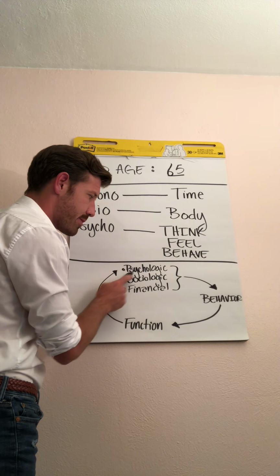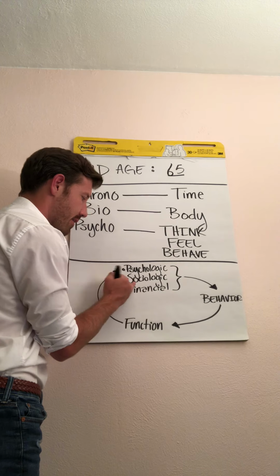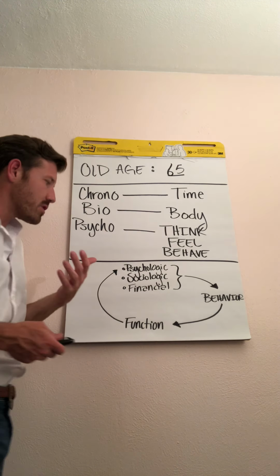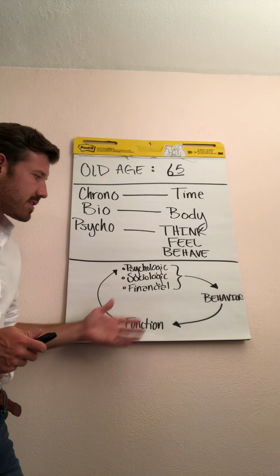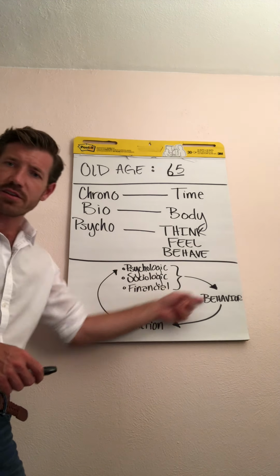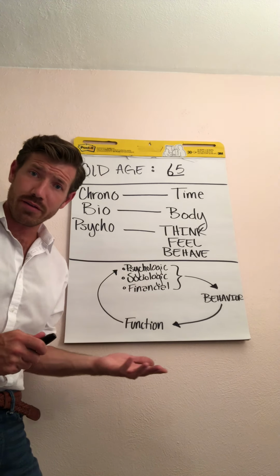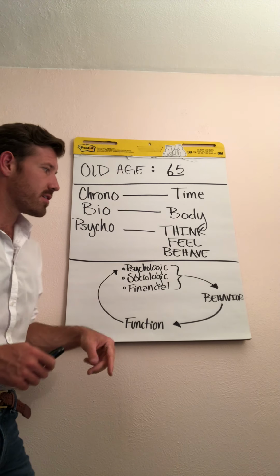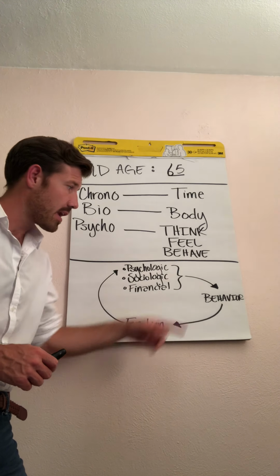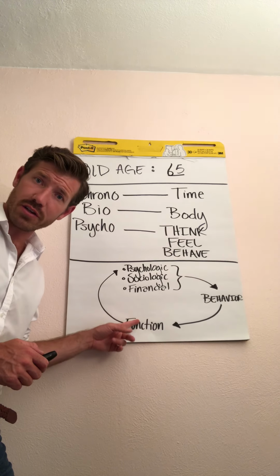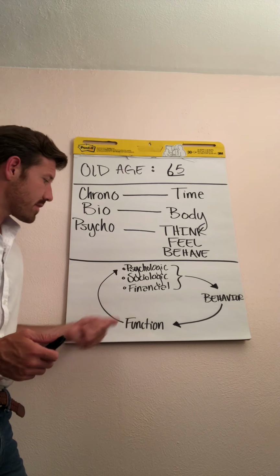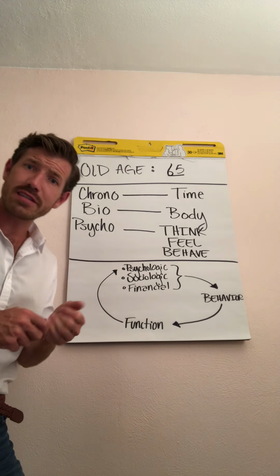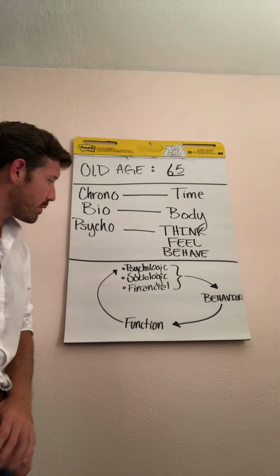It's not just about thinking, it's also about how they relate to society and also their financial standing. So I want you to know there's multiple different ways that the cycle can work. These are the things that are involved in the cycle. I probably won't give you an example, but I do want you to understand that your thoughts dictate your behavior, and your behavior dictates your function, the function of your body, and then the function of your body dictates the way you think. So it's a cycle and it can be broken, but we have to help them out with that.